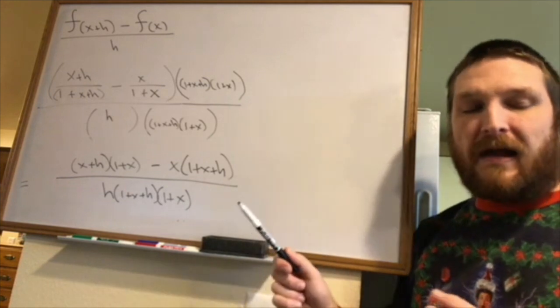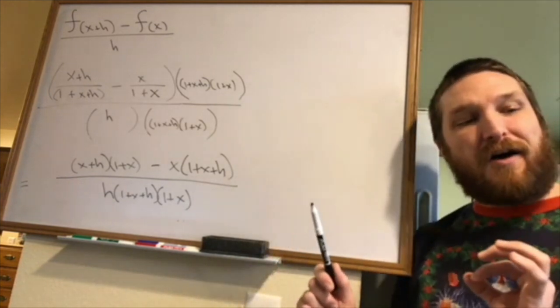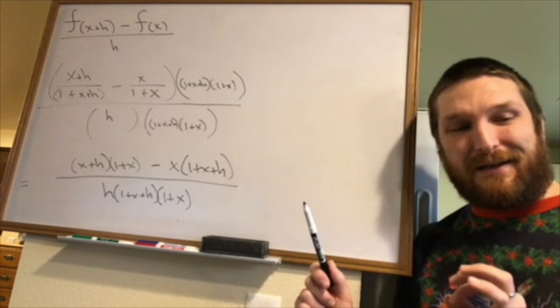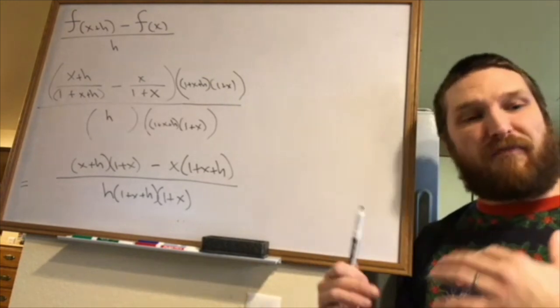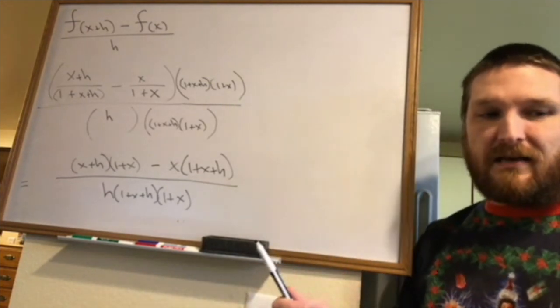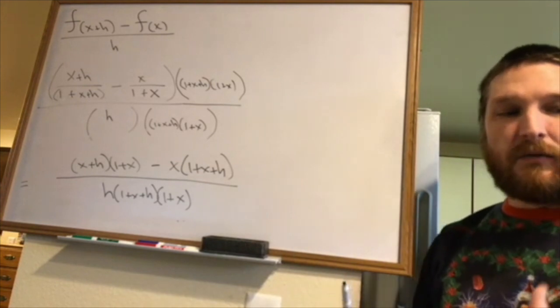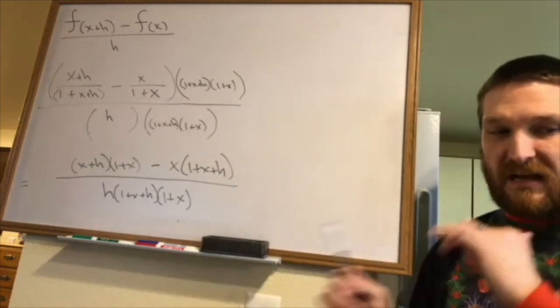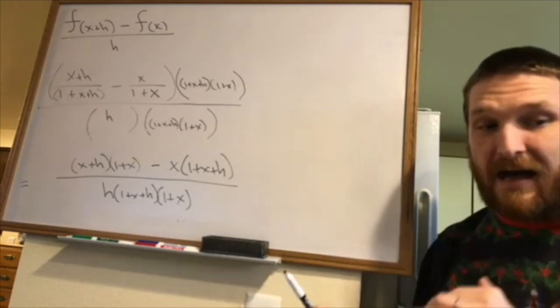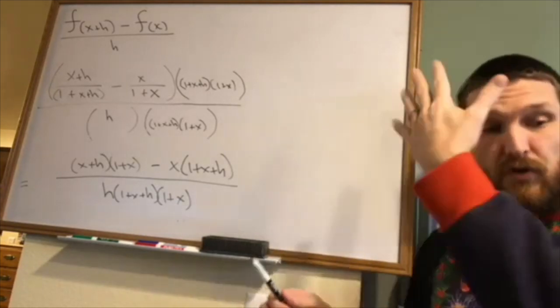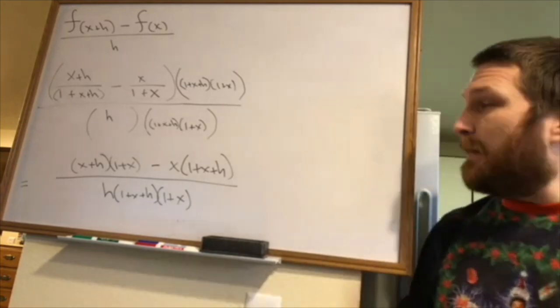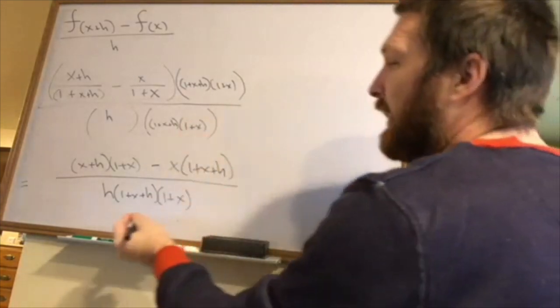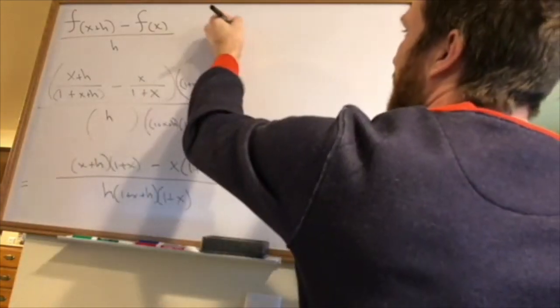I'm going to hold off on multiplying out the denominator because maybe, hopefully, something's going to cancel. That's usually the way I deal with it. I'm going to do one step at a time. Maybe if I multiply this stuff out, something's going to cancel out, and then I'll be able to cancel the top and the bottom. So I'm going to go ahead and multiply that first guy out.